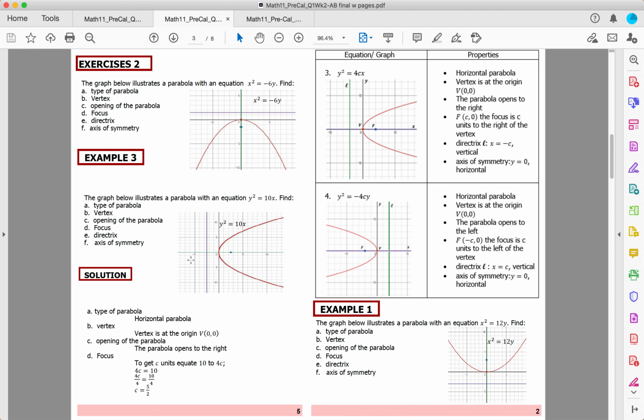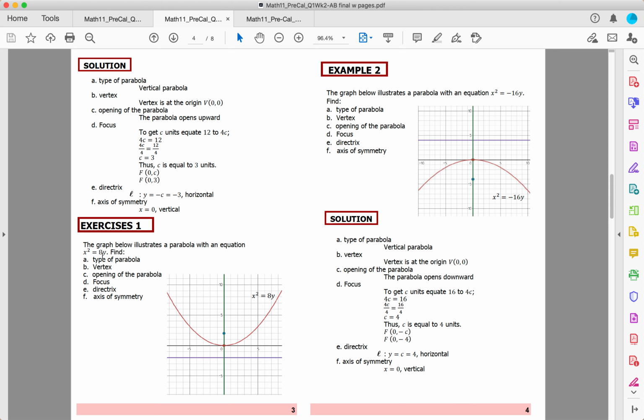All right. So if the 4C value rather is 8, meaning 4 times C equals 8, that means our C value is 2, correct? Notice on the graph that the distance from the vertex to the focus is 2 units. Therefore, the C value here is 2. Since there's a constant value 4, 4 times 2 is 8.